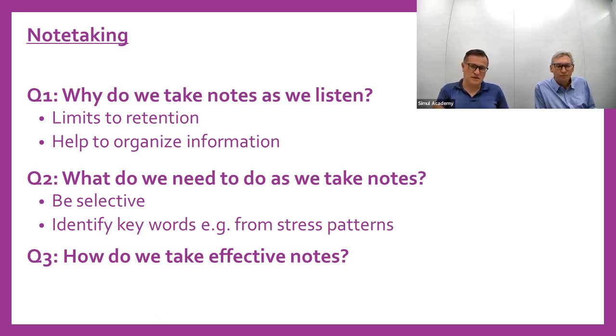Generally when we hear important information, the word will be a little bit louder, a little bit more stressed, and sometimes there will be a pause before the actual key word or the key information. So we have to choose what we actually take notes on. It's a good skill, and you can develop it with practice.